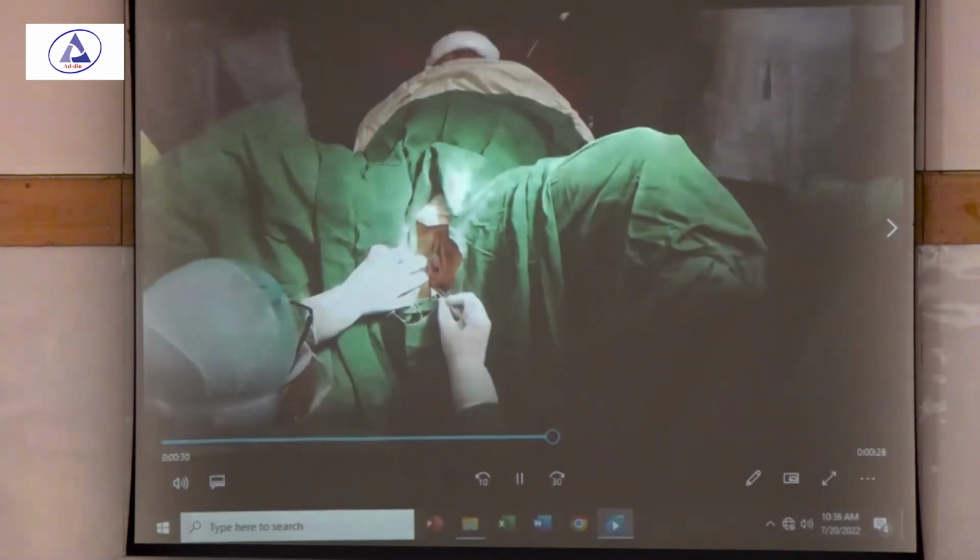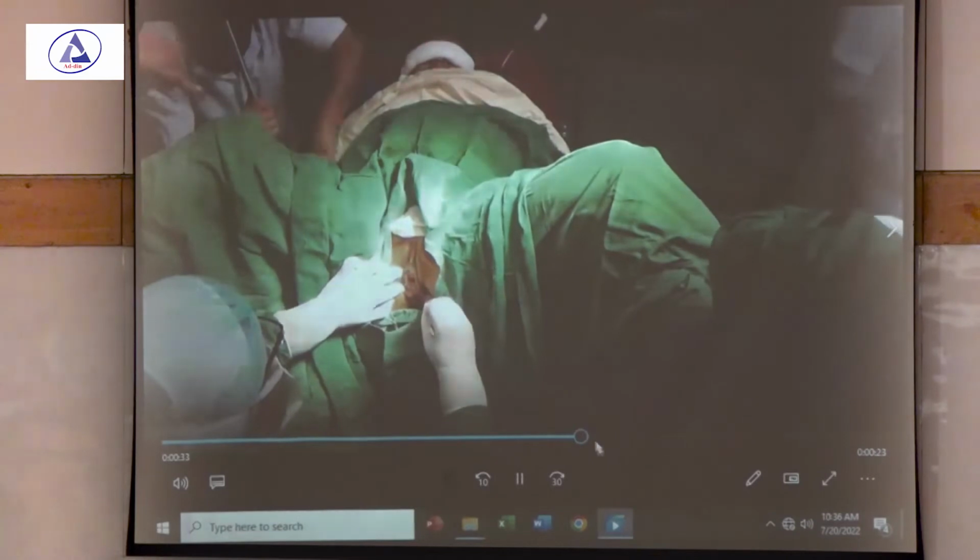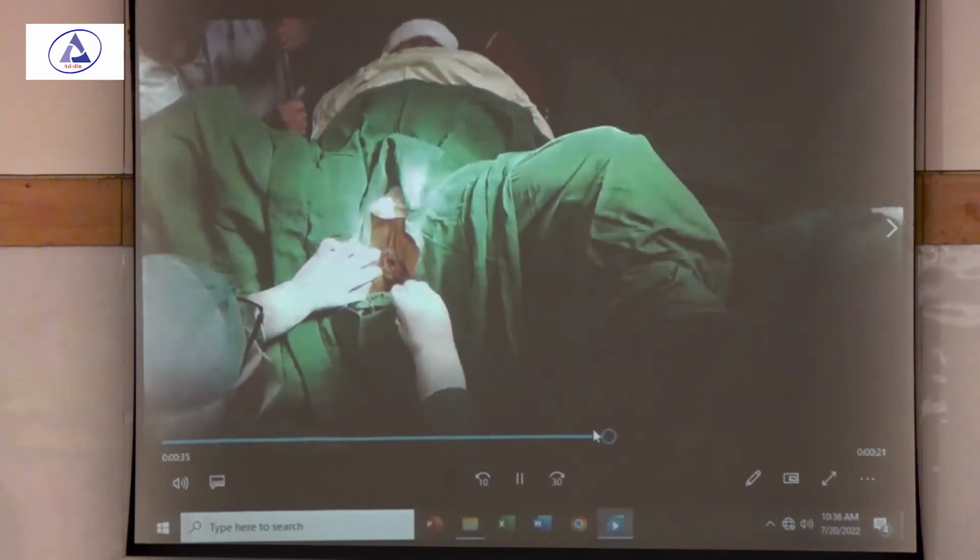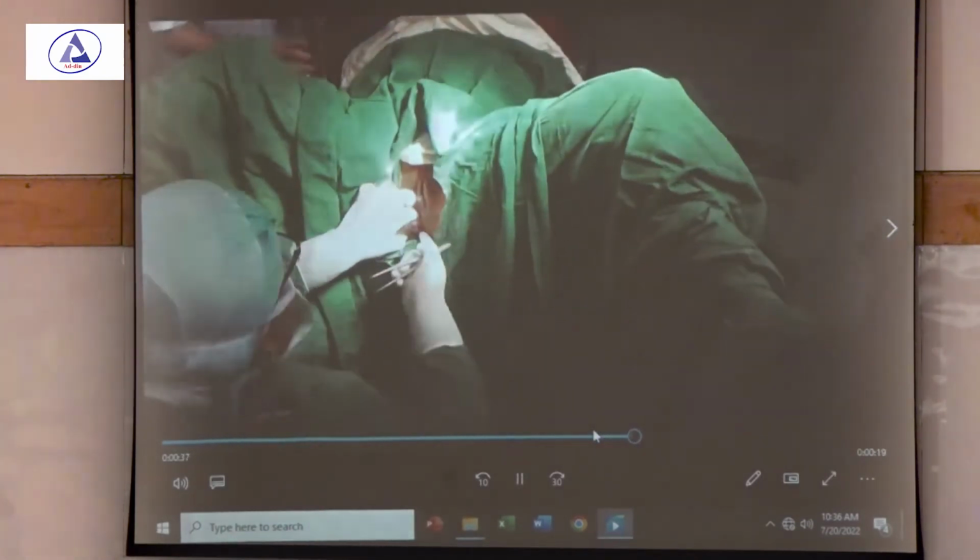All structures are open. So identification and planning of the operation is more important.